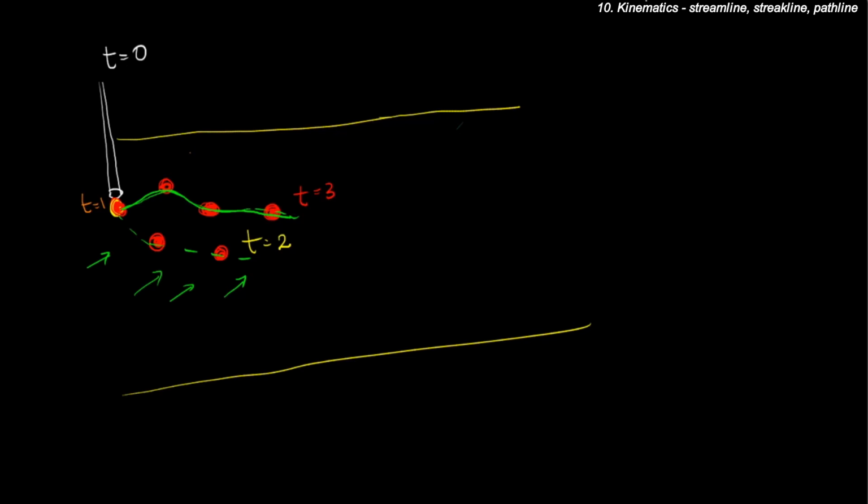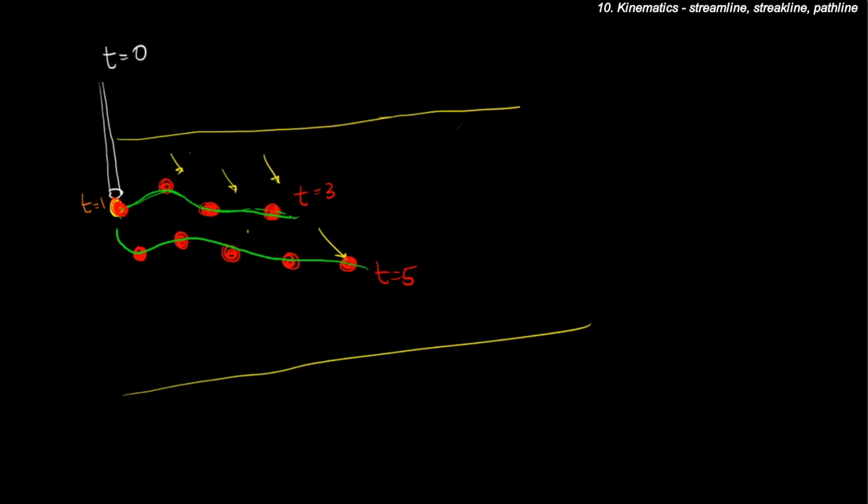Now suppose at the next time instant the velocity is again something like this. Let me rub the t equal to 2 lines. This particle would end up over here, this particle over here, and this particle over here, and there would be a new particle coming in. So this is at t equal to 5. The locus of all the particles at t equal to 5 would be something like this. So this is the dye that you would see.